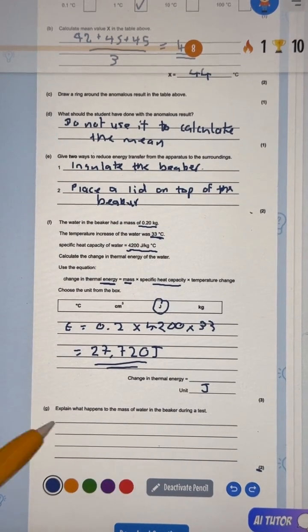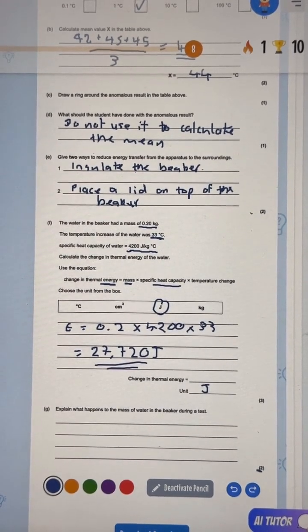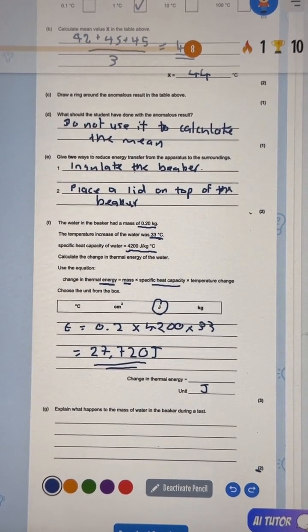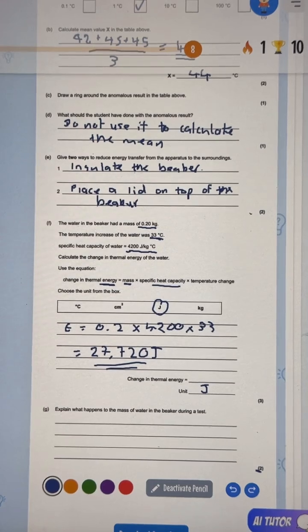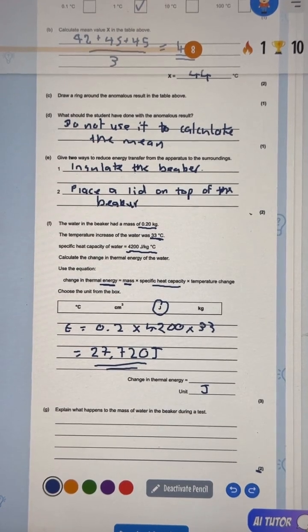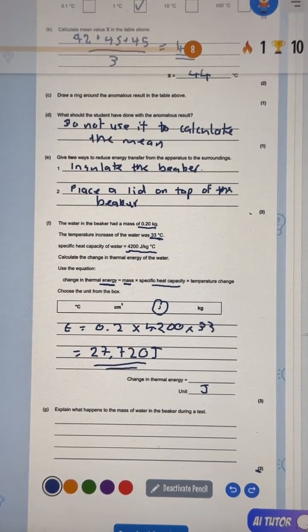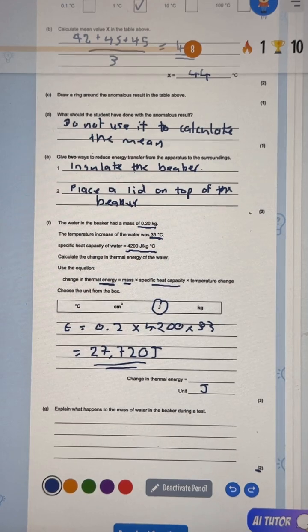If there's water in the beaker and we're heating it up, what's going to happen to the amount of water or the mass of the water and why? As we heat something up, especially when we heat water, like when we heat it in a kettle, what happens to the water? Anyone have any ideas? Tanya, exactly. So people have said decreases.